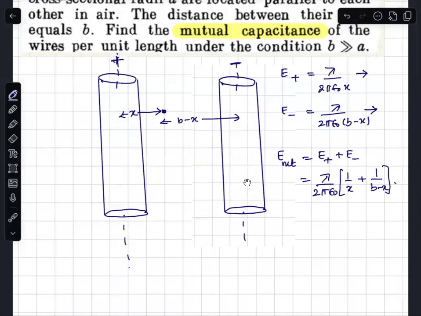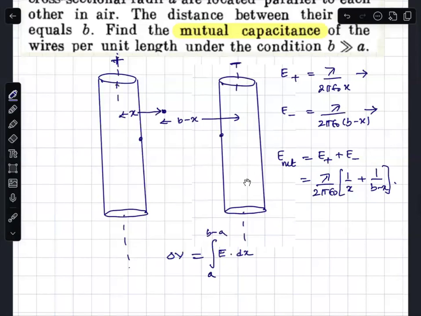This is the electric field. I assumed it between the region of the two cylindrical charged wires. Now, what is the potential difference? Potential difference is the integral of E dx, moving from this surface to this surface, from a to b minus a.